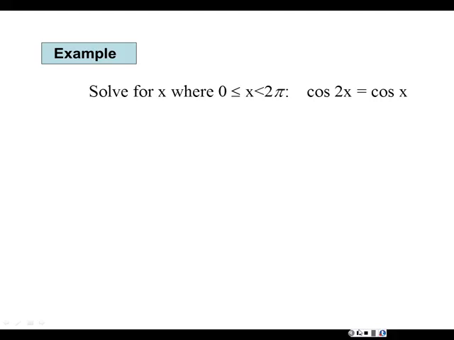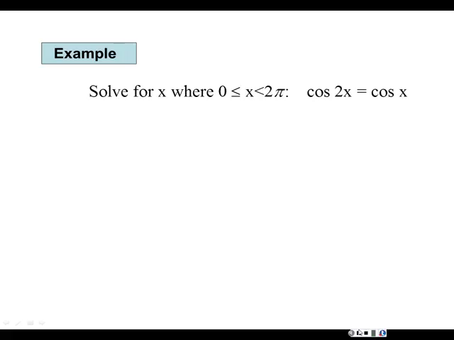Oh, it's not b. It's minus b, so this is plus 1. So now you have 1 plus or minus square root of 1 plus 8, divided by 4.